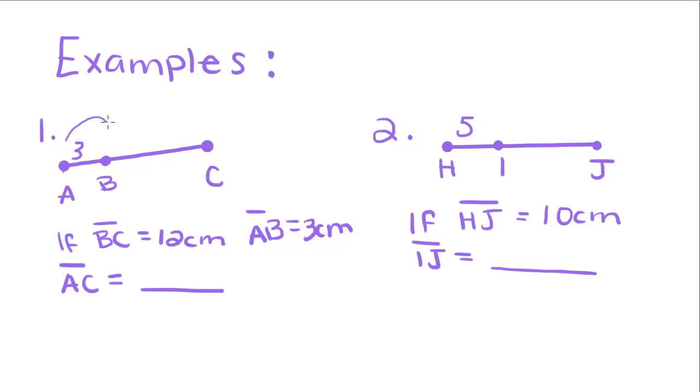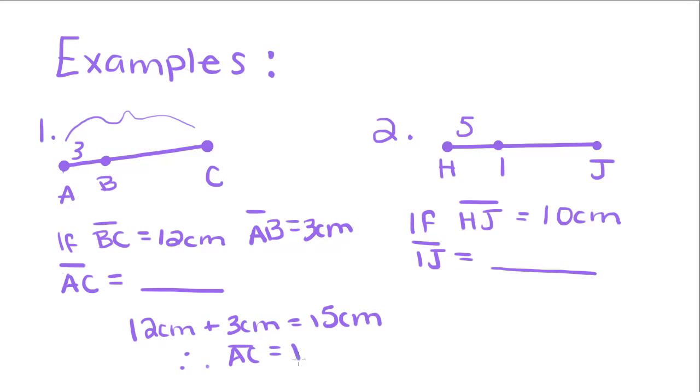So since AC is the whole segment, we're going to take each part of the segments and add them together to find the whole length. So 12 centimeters plus 3 centimeters is equal to 15 centimeters. Therefore, AC equals 15 centimeters.